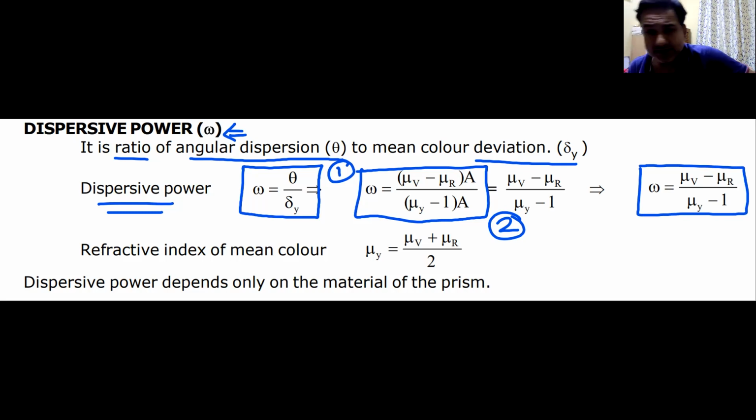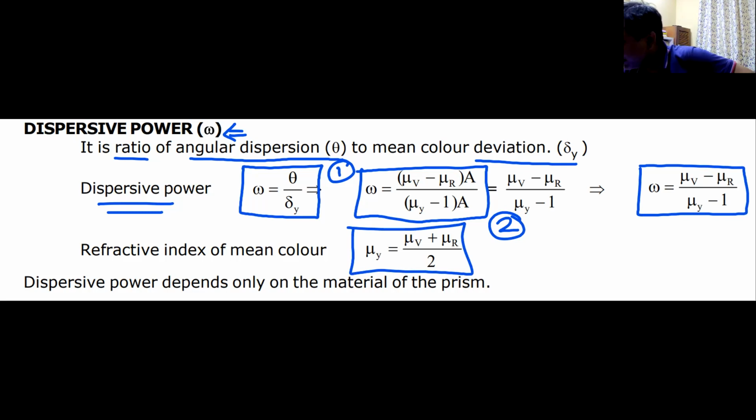In most cases, red, violet, and yellow mu will be given to you. If yellow mu is not given to you, you can find the value of mu yellow by the formula which I've already given you, mu violet plus mu red divided by 2.